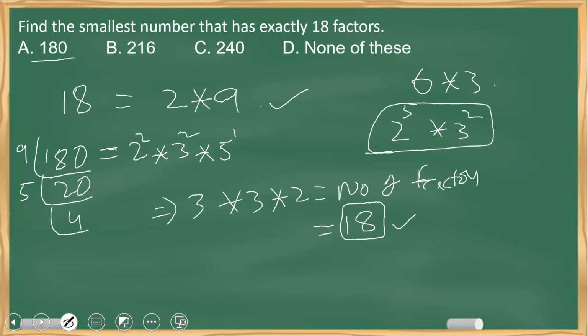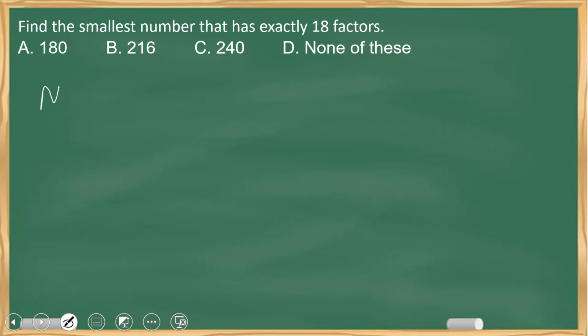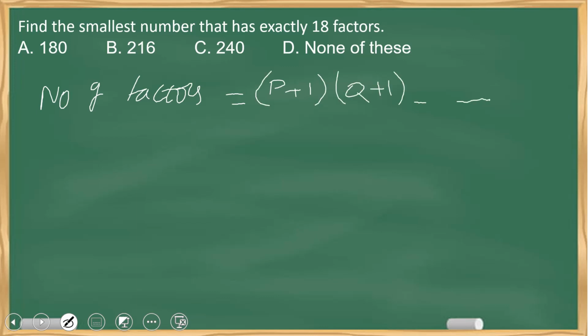Okay, I'll explain the same thing in a different way. So the number of factors formula is p plus 1 into q plus 1 into so on, if you have many more.